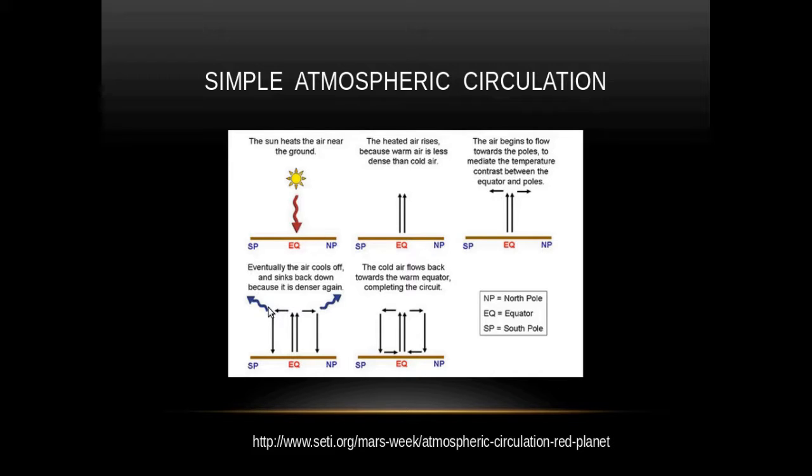As it travels, it will lose heat. Eventually, it will reach a point where it is cool enough to sink back down to the earth. When it hits the earth, it again has to change direction. It starts heading back to the equator, where it is warmed up and starts the cycle again.